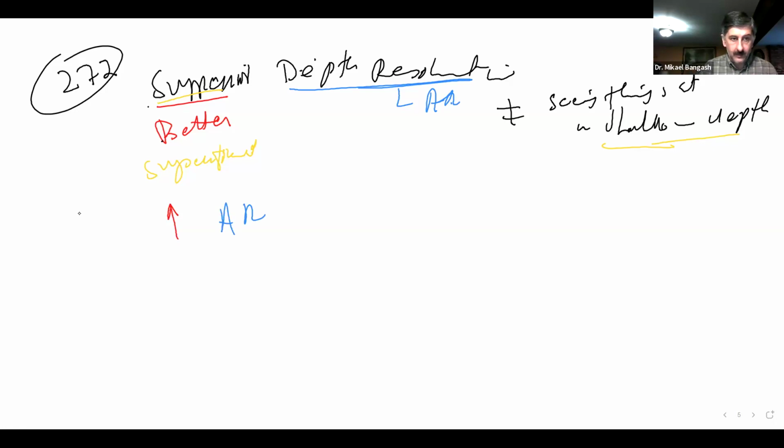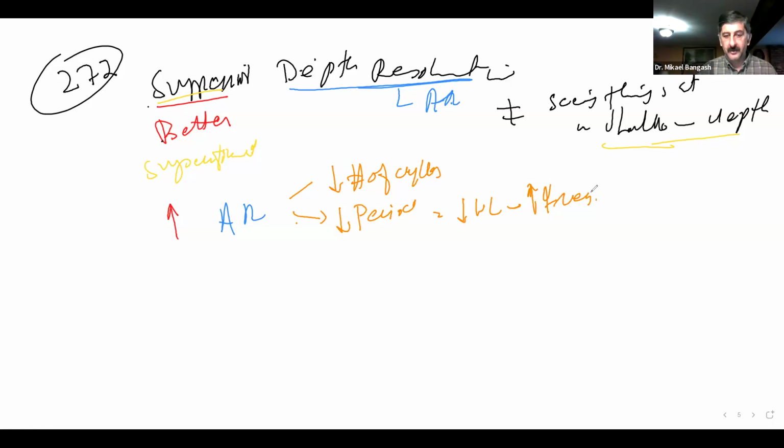We can say that is going to be either by having fewer cycles per pulse, with those pulse cycles having a low period, which is equal to a lower wavelength, which will be the same as having a greater frequency.